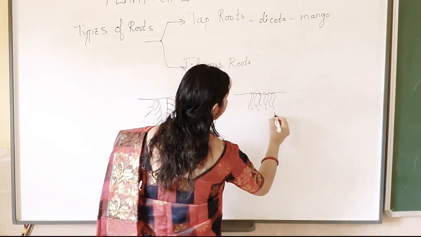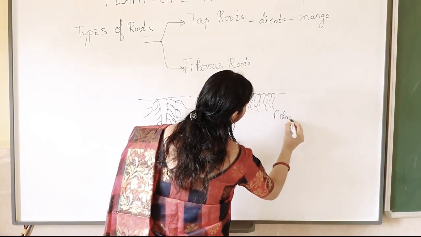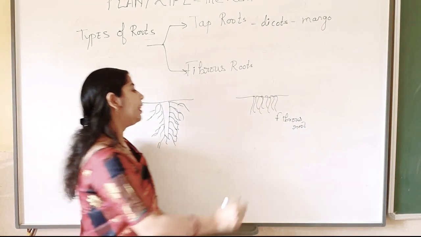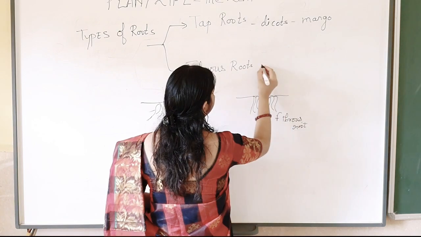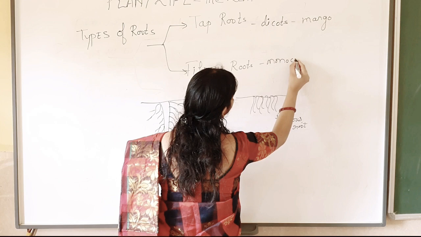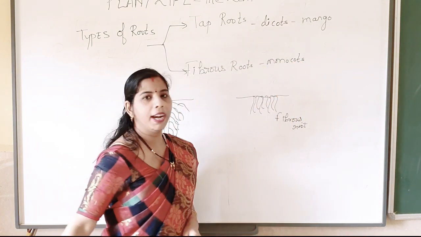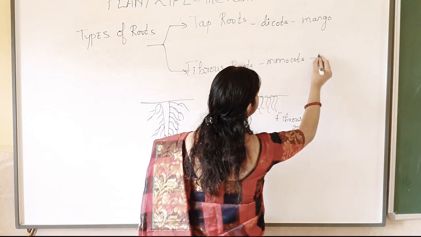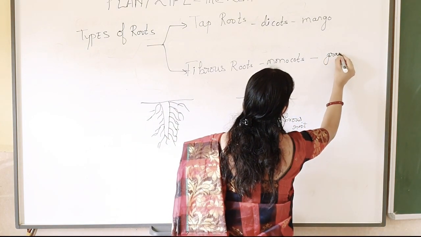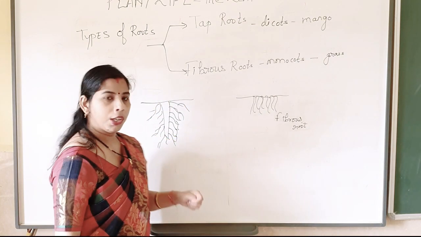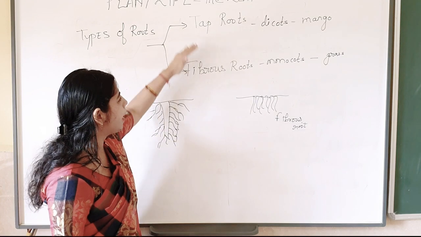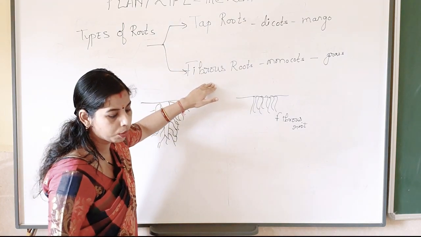That's why these roots are known as the fibrous root. Now these fibrous roots are mainly found in the monocots. And if we want to discuss about the example, let's see, one example is the grass. So I think you all come to know about the types of roots, the tap root and the fibrous root.